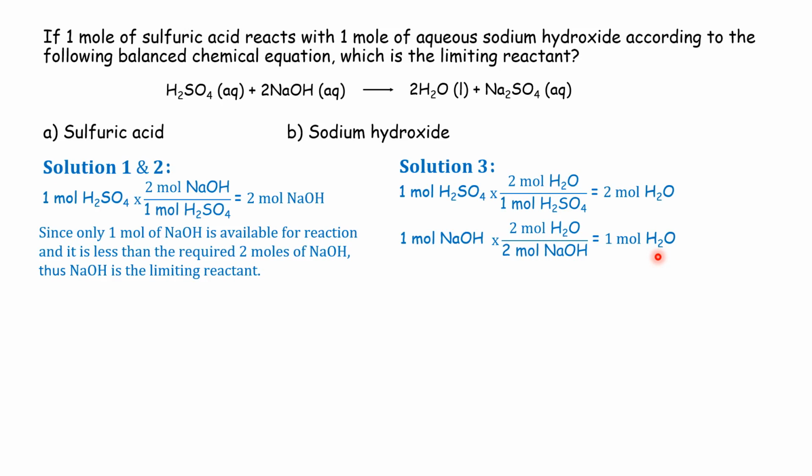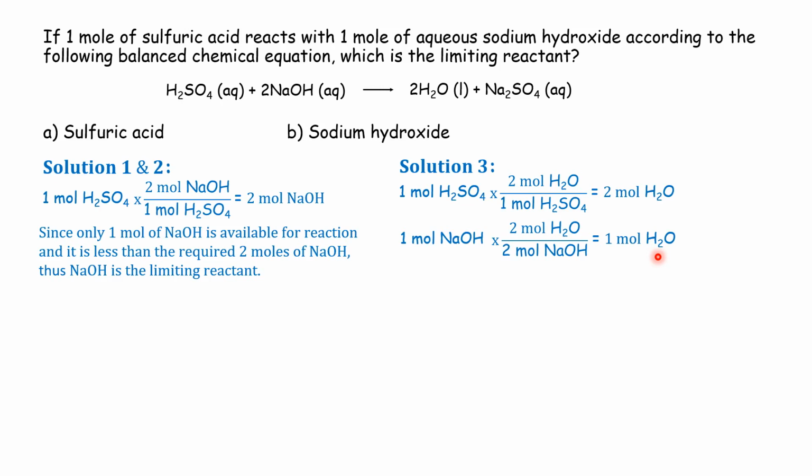It means once 1 mole of water is reached, this reactant is gone. No more sodium hydroxide available. And this one still would have 0.5 moles. So whatever is used up first is the limiting reactant. So therefore sodium hydroxide has to be the limiting reactant.